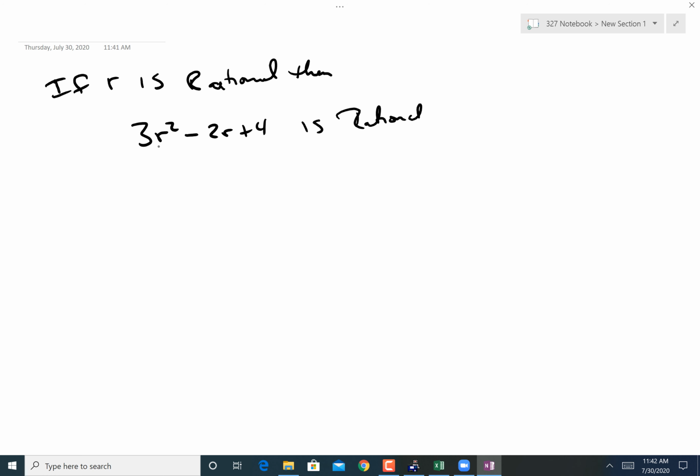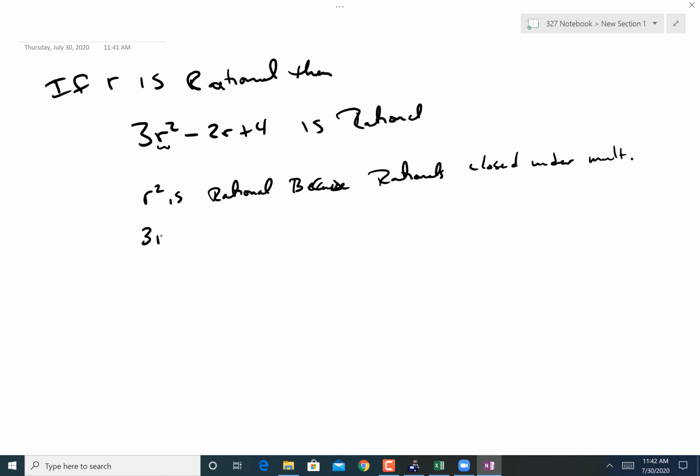If I take a rational times a rational, r squared is rational. Why? Because rationals are closed under multiplication. That same process will mean that 3r squared is rational, for the same reason, and so is 2r, for the same reason.